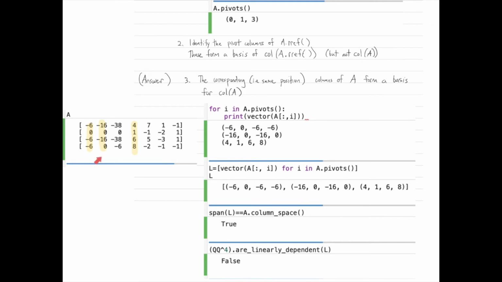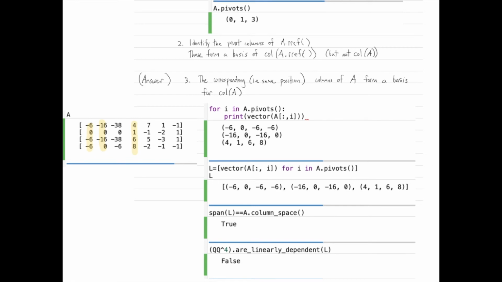So we started from this matrix A, did a bunch of elementary row operations, and got to the reduced row echelon form of A, and we saw that columns 1, 2, and 4 in the reduced row echelon form were linearly independent, and therefore columns 1, 2, and 4 in the original A are going to be linearly independent. And the same statement holds with spanning and basis in place of linear independence.